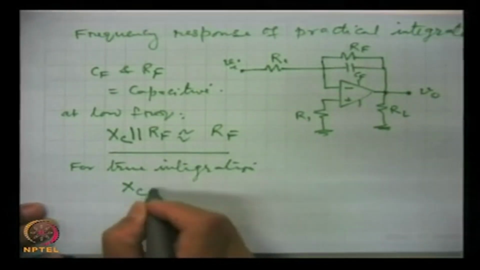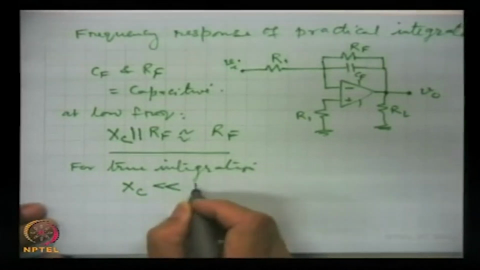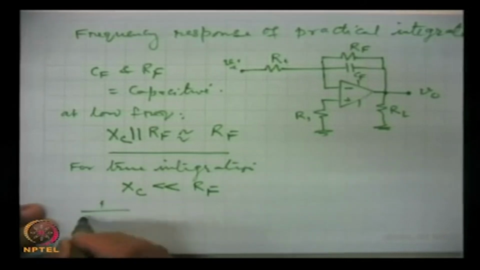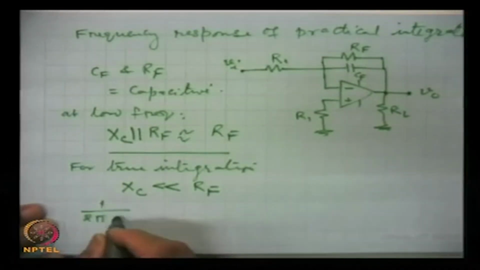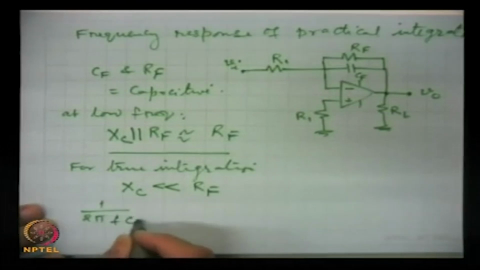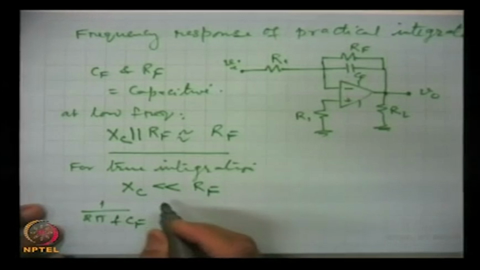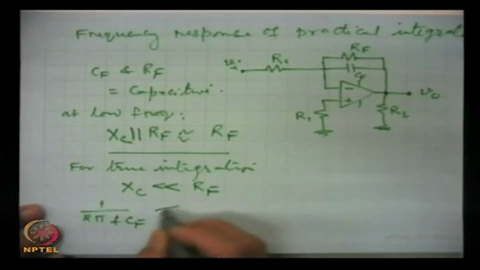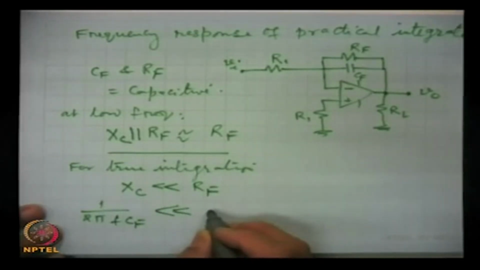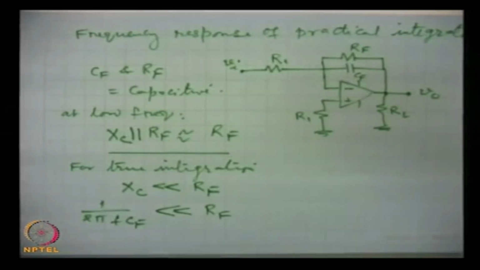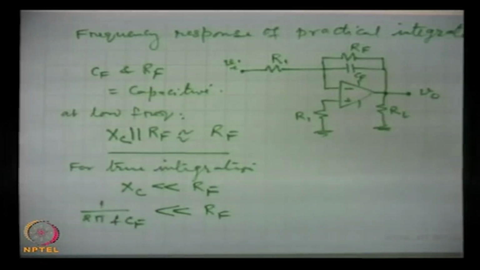So, for true integration, this reactance should be very small as compared to RF. That means 1 by 2 pi f CF should be very small as compared to RF. And we can define a critical frequency beyond which integration will be all right.